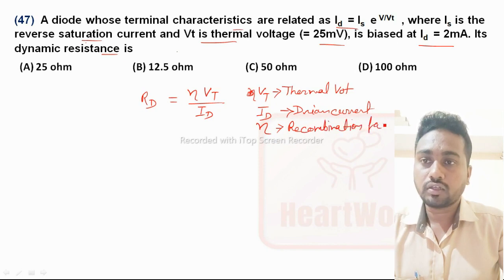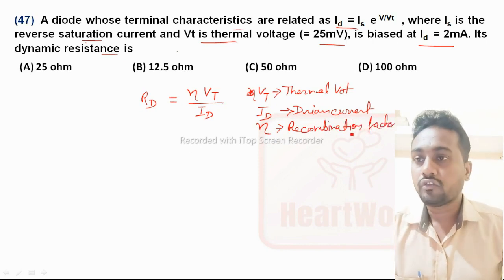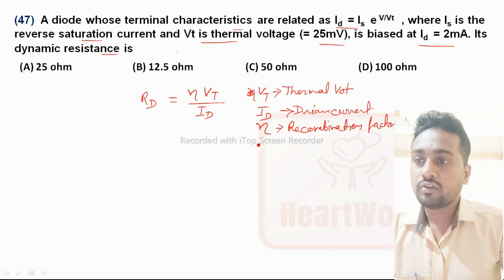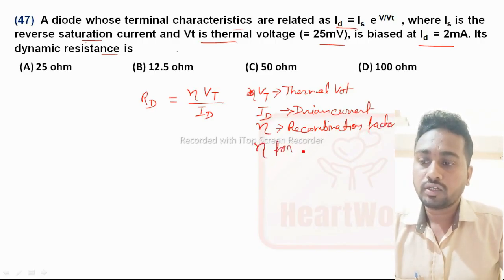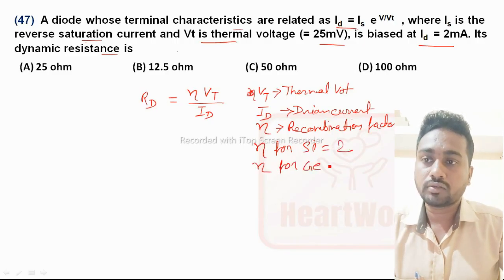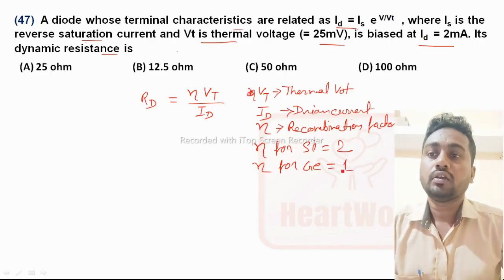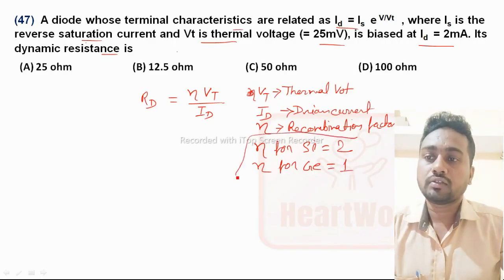The eta value for silicon is 2, and for germanium it is 1. So you have to remember this also.